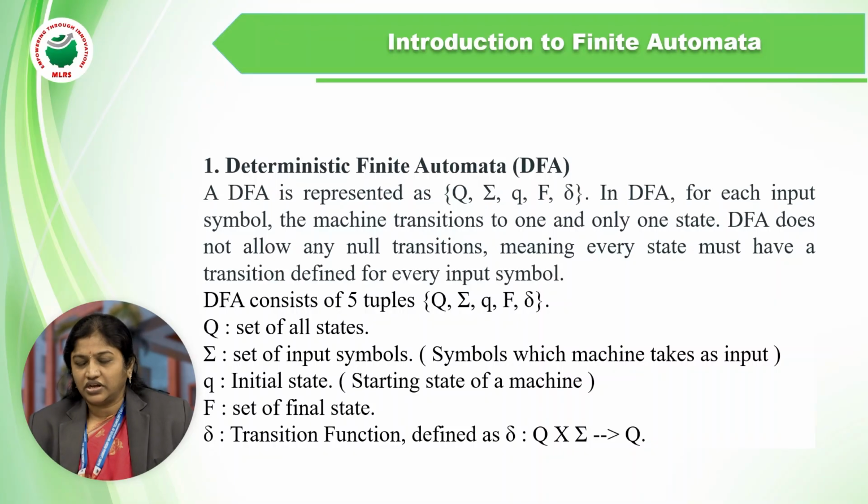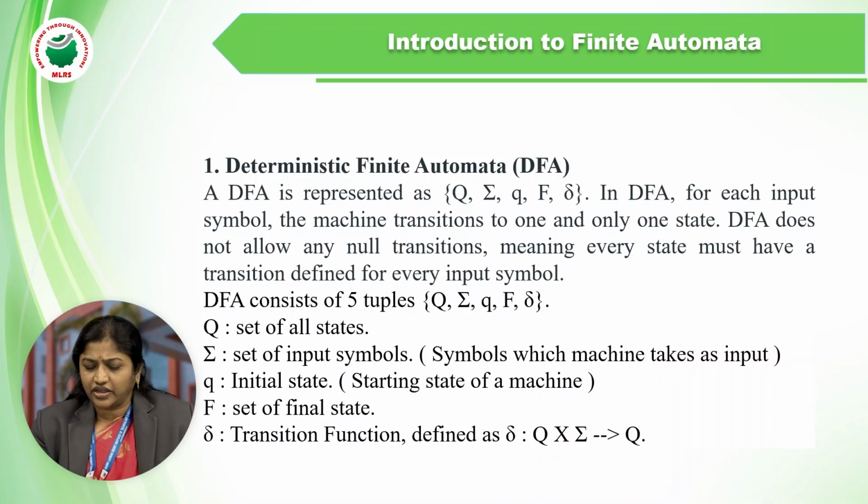No null transitions are entertained here. Meaning every state must have a transition defined for every input symbol. So again, these are the 5 tuples. Q is the set of all states, sigma is the set of input symbols, small q is the initial state, that is the start state, F is the final state, and the transition function.